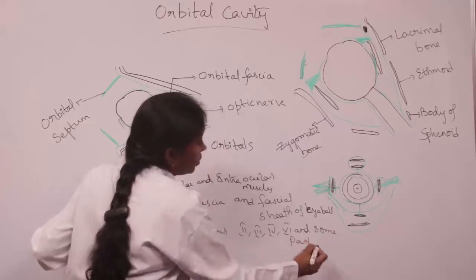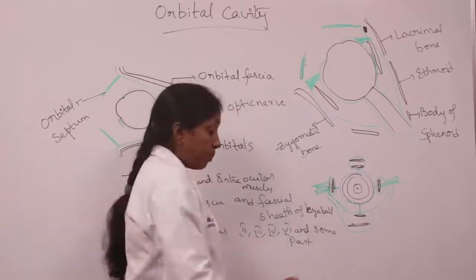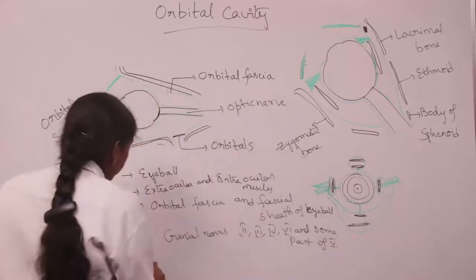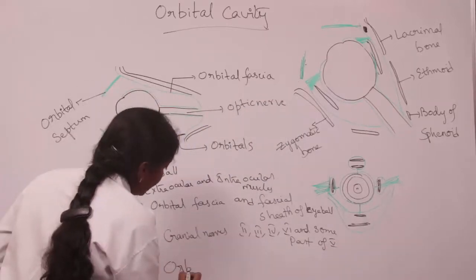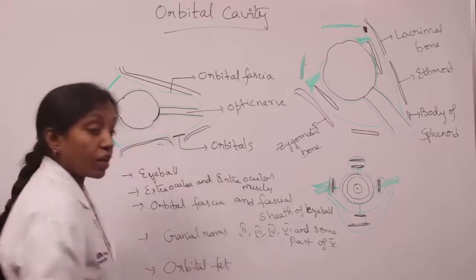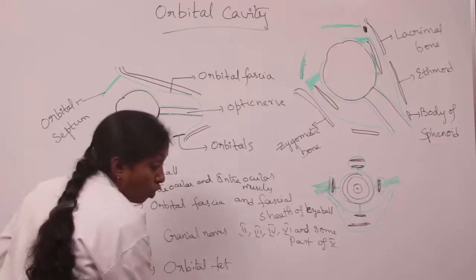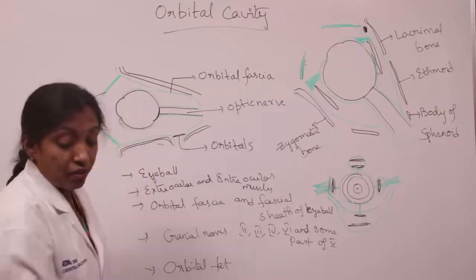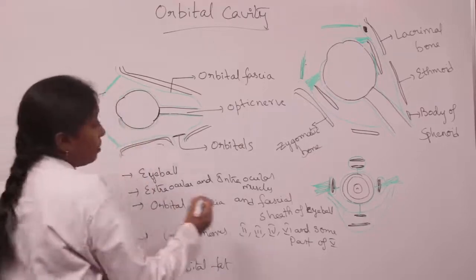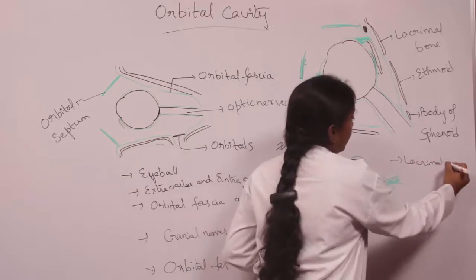That means the ophthalmic and maxillary divisions of the trigeminal nerve can be seen in the orbit. And also we have orbital fat, and the lacrimal gland is also a content of the orbit. Okay, so these are the contents of the orbit.